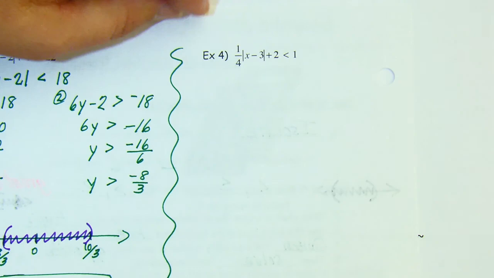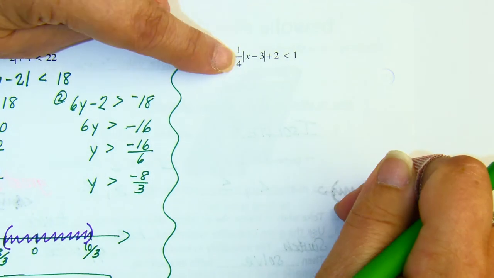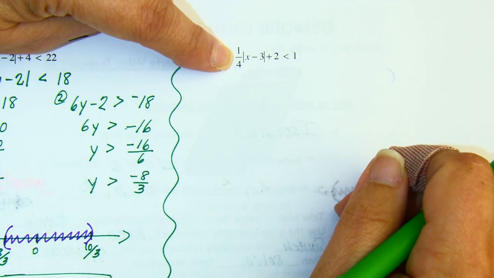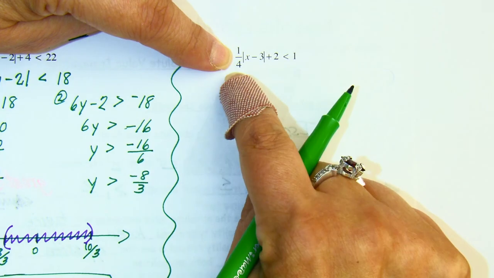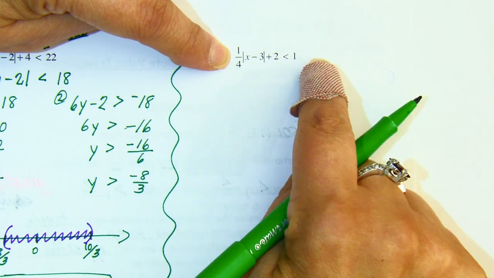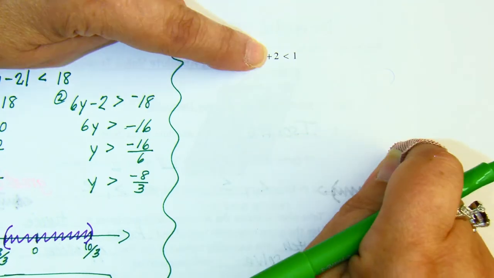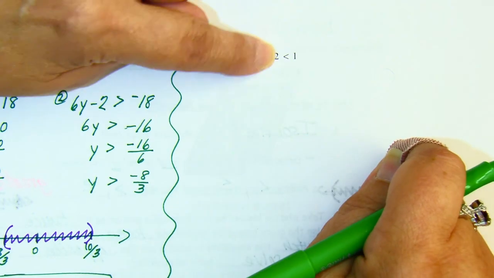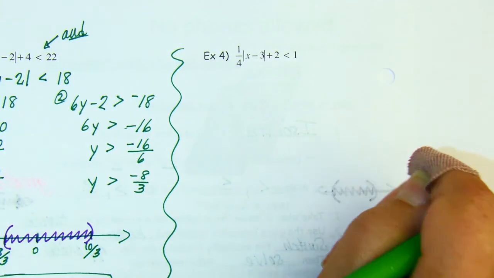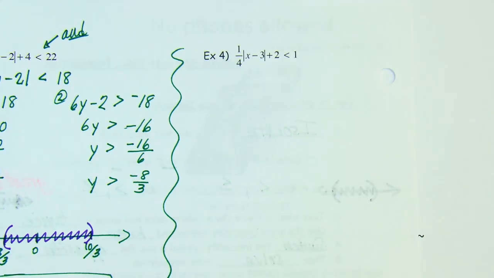Okay, example 4. Notice, I've got a fraction to get rid of, so I know I'm going to get rid of it by multiplying both sides of the inequality by 4. But before I do that, I have to follow PEMDAS. I have to get rid of this first, right? Solving inequalities and equations is really PEMDAS in reverse, because you're reversing it.